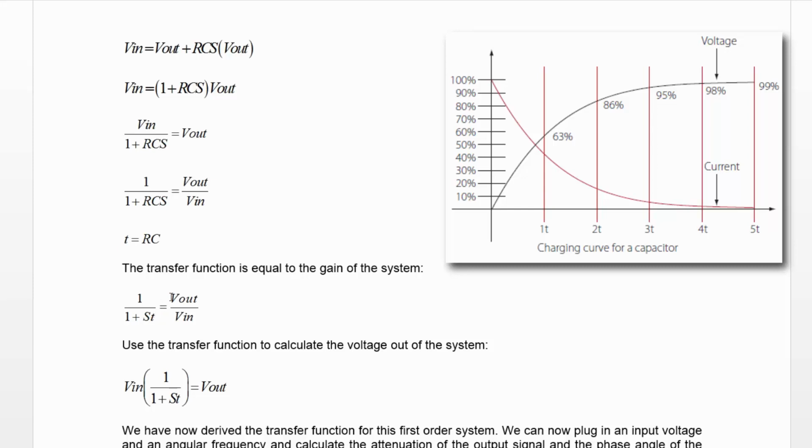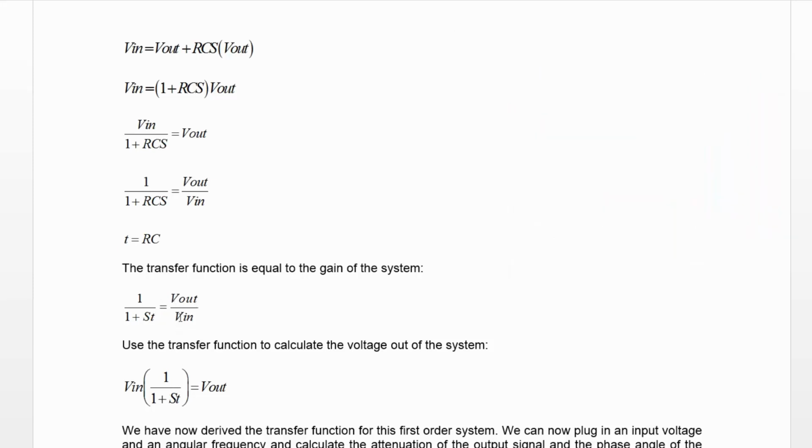So now we get this transfer function. All we got to do is just use it by multiplying Vin times both sides. And we get Vin, our voltage in, or signal in, times 1 over 1 plus S tau equals our voltage out.